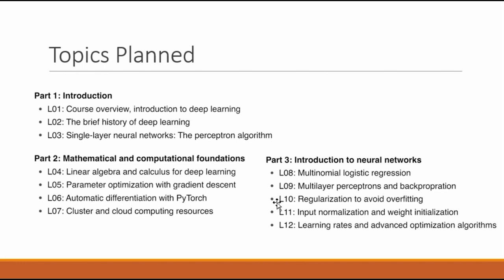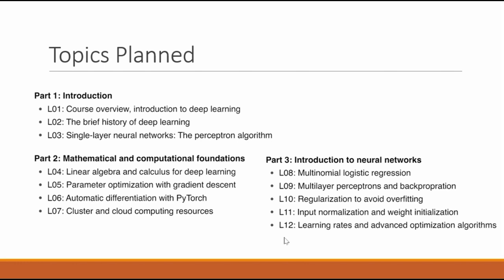And then also talking about learning rates and some advanced optimization algorithms, like fancier versions of gradient descent. These are really necessary to make neural networks work well in practice.